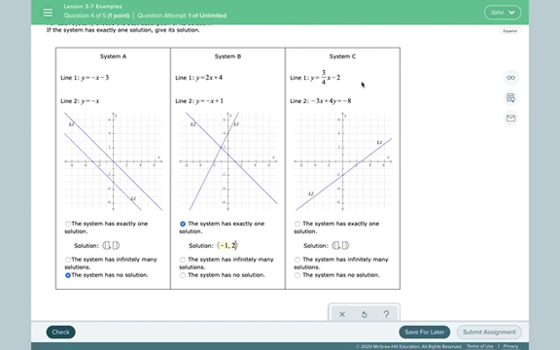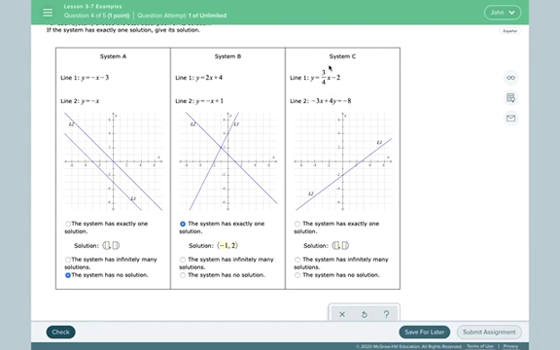All right, system C. Again, like the other example, it looks like they've got one line lying on top of the other line. And if you look at the equation, if I move -3x over here to the other side, it will give me 3x. Then if I divide everything by 4, I'm going to have a slope of 3/4.